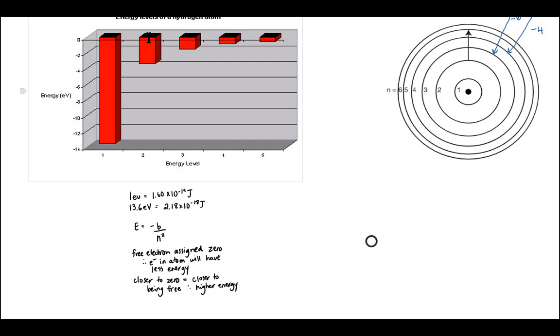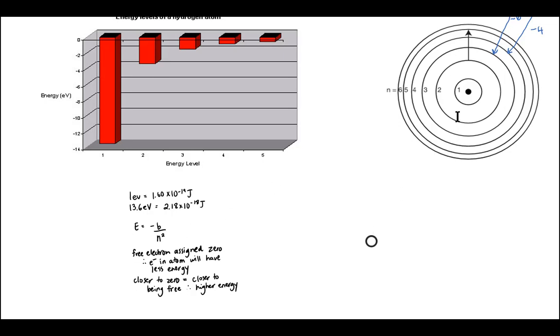For the second energy level, where it's negative B over n squared, there's going to be a smaller amount of energy. You'll also see that it's not equidistant: the difference between 1 and 2 is not equal to the difference between the second and third energy level. That's because of the quadratic portion of the formula.